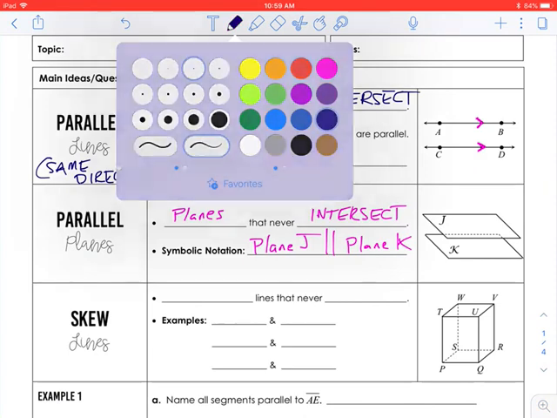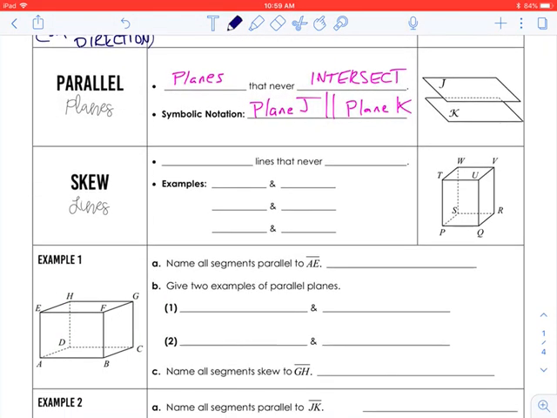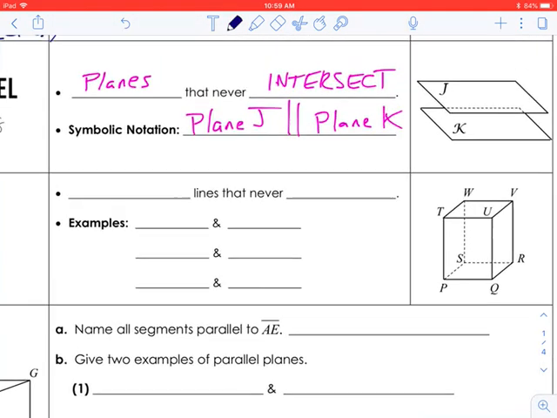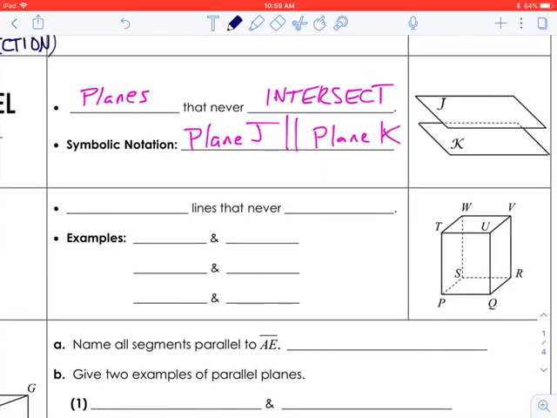All right. So skew lines. This might be a new term here. Skew lines are non-coplanar lines, meaning they're not on the same flat surface.